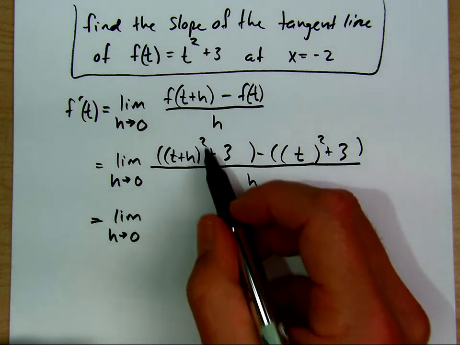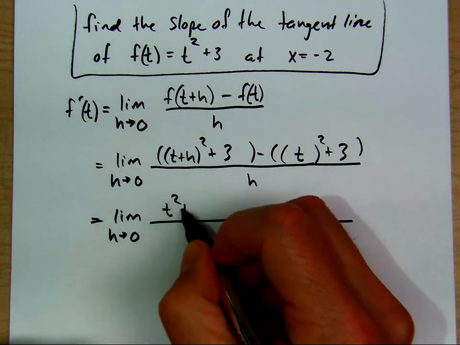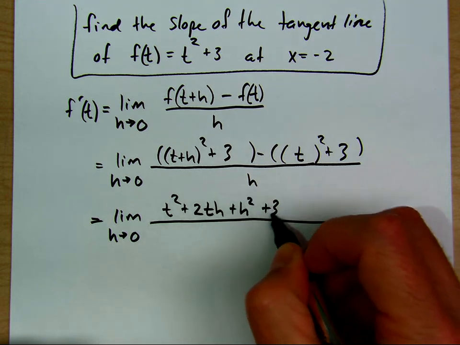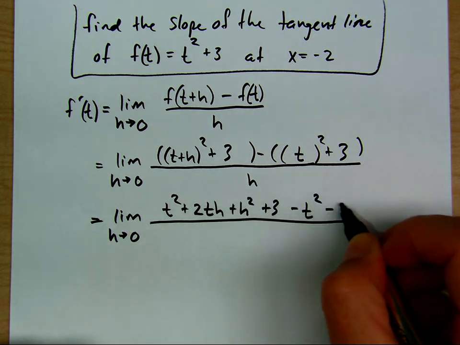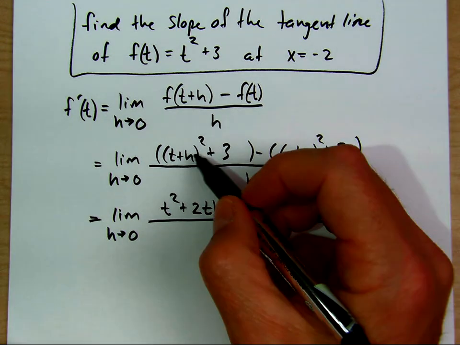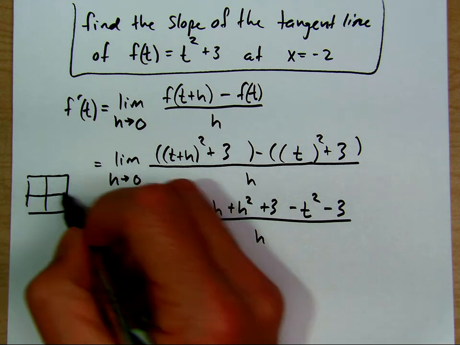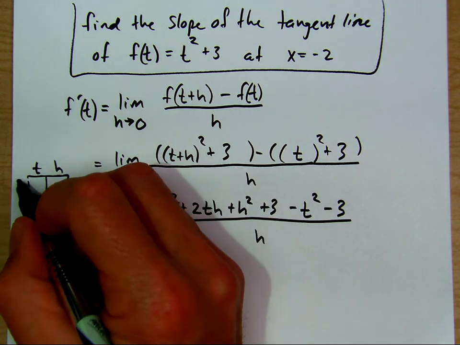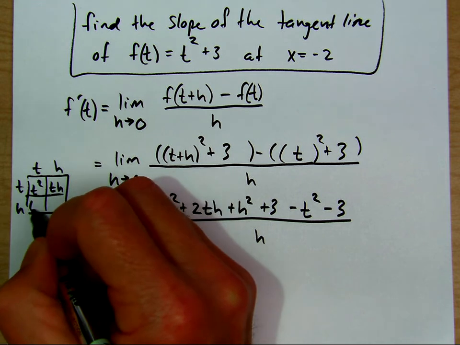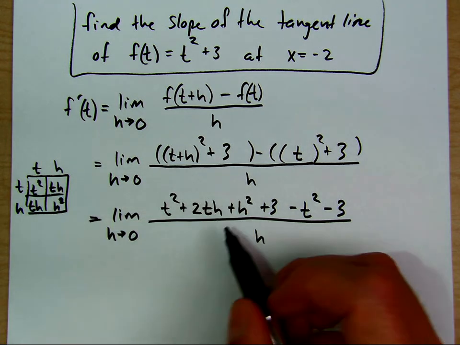So we'll expand that. And remember, when we're expanding that, we have to do FOIL, and it would be t squared, th, th, h squared. And this is where we're getting the 2th.